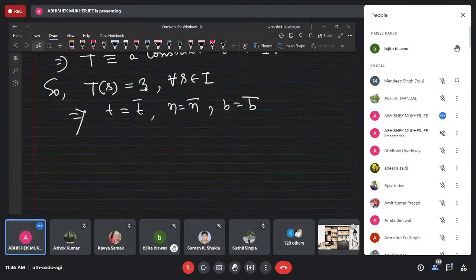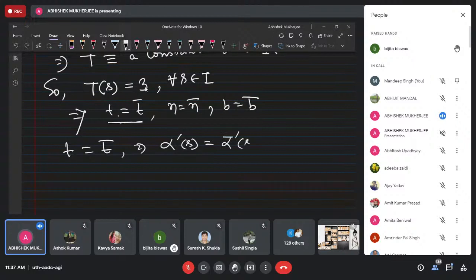Okay. And now from this equation, T equal to T bar, so what is T? T is alpha dash S, and what is T bar?